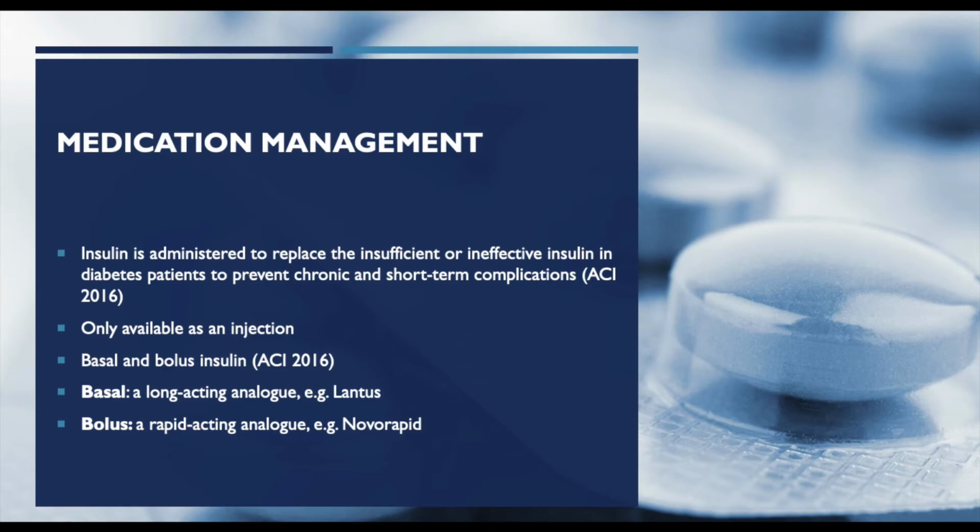As aforementioned, an effective strategy to manage diabetes in an inpatient setting would be blood glucose monitoring, where we can help identify patients with serious risk of complications such as hypoglycemia or ketoacidosis. This in turn can be managed with basal and bolus insulin.